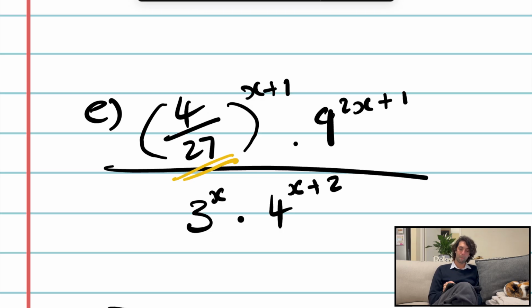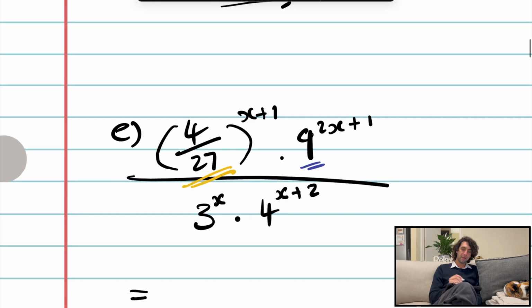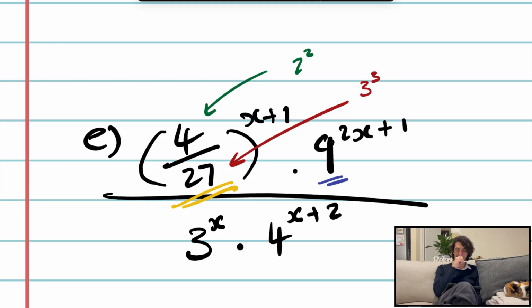I see I have a 9. I see I also have a 3 and a 4 at the bottom there. Okay, immediately what I'm looking at is, I've got a 4 that can become 2 squared, right? We've got a 27. I know that can become 3 to the power of 3, 3 cubed.